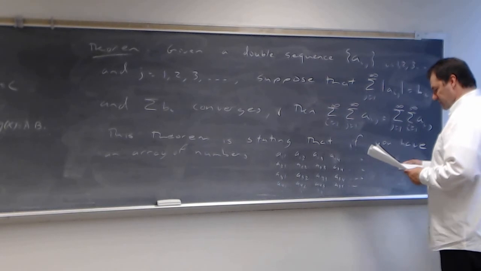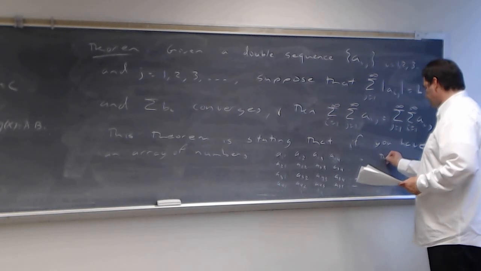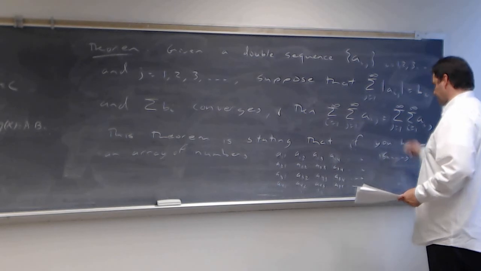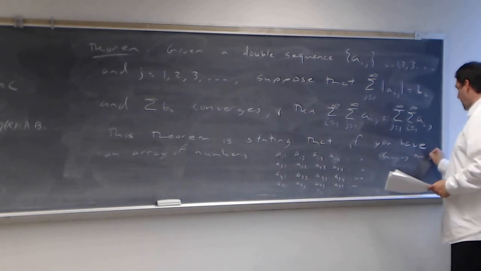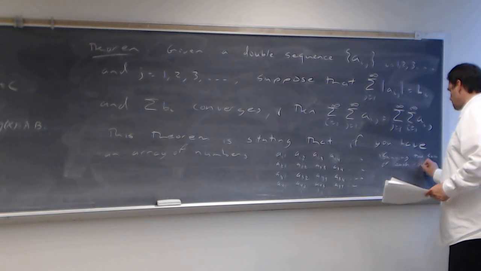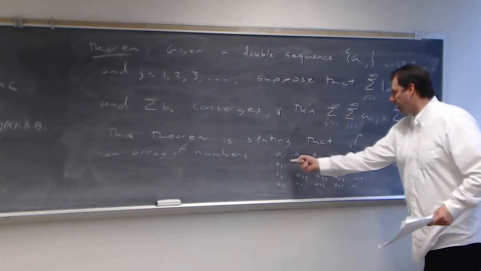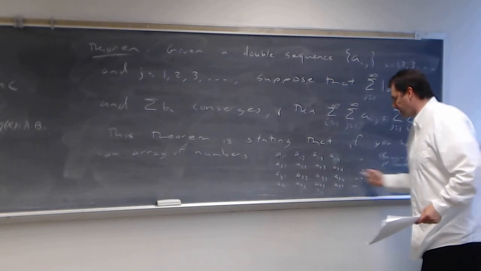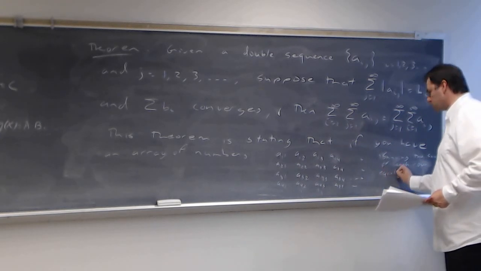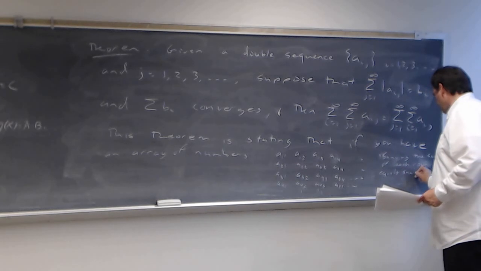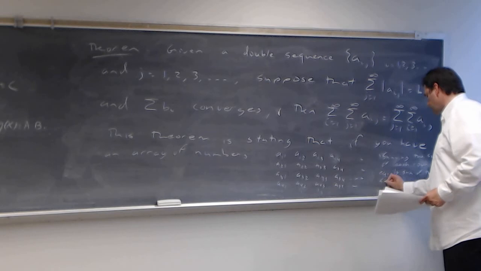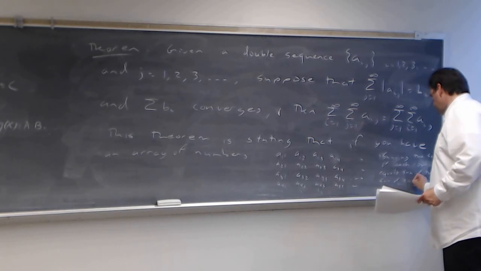Then what we can say is that under these conditions, summing the sum of each row, so if you take this row, add it to whatever this row's sum is, and to whatever this row's sum is, equals the sum of each column.